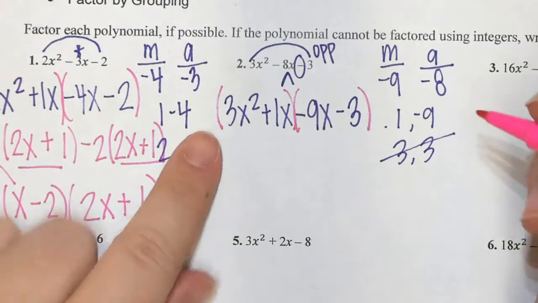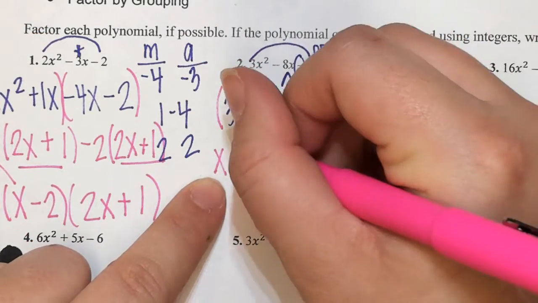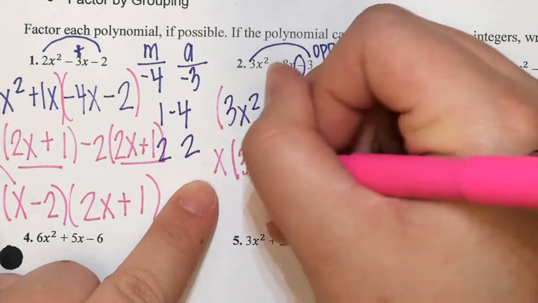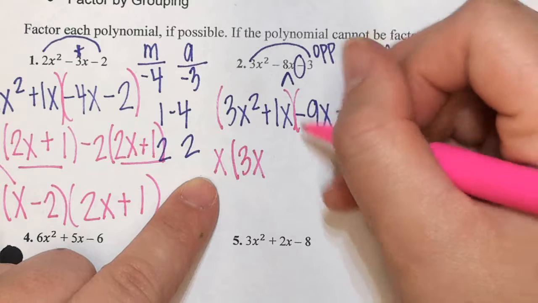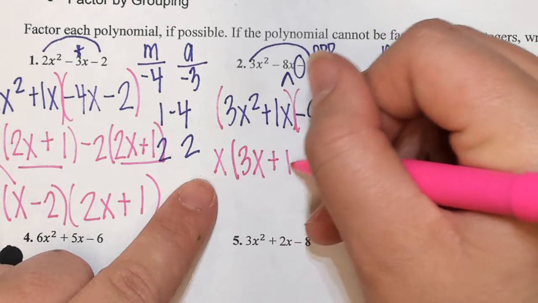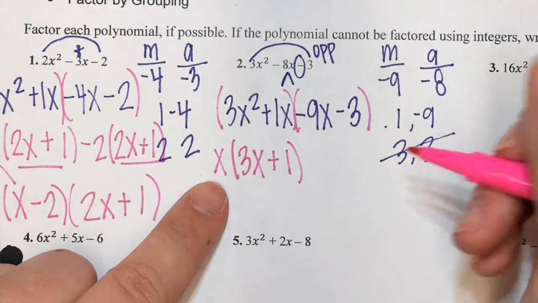Can't factor out a number, but I can factor out an x. Parentheses: 3 divided by 1 is 3x, 1 divided by 1 is 1, x minus x is 0.